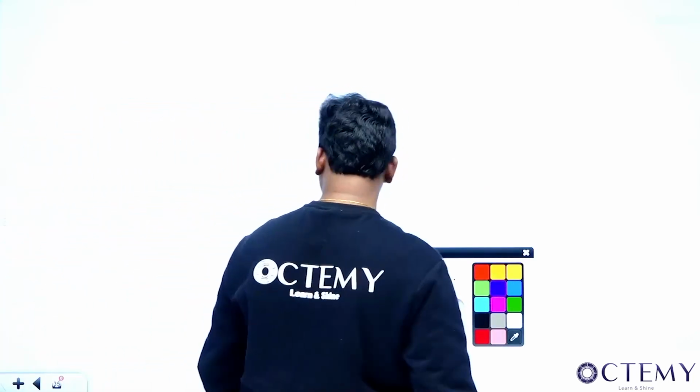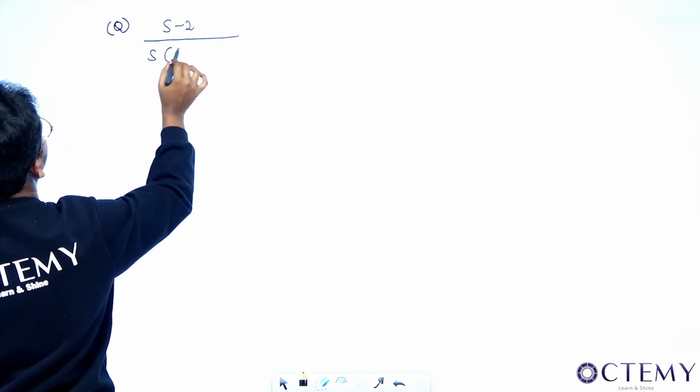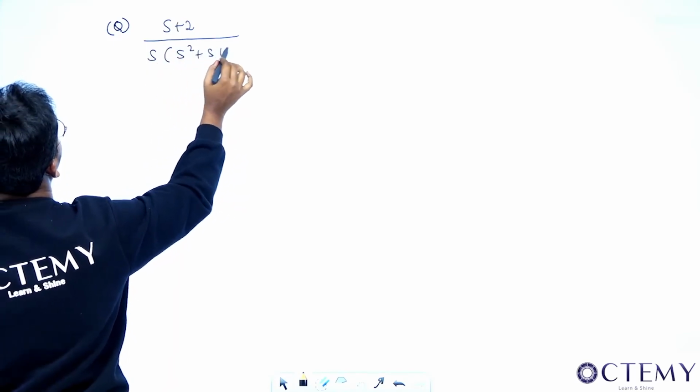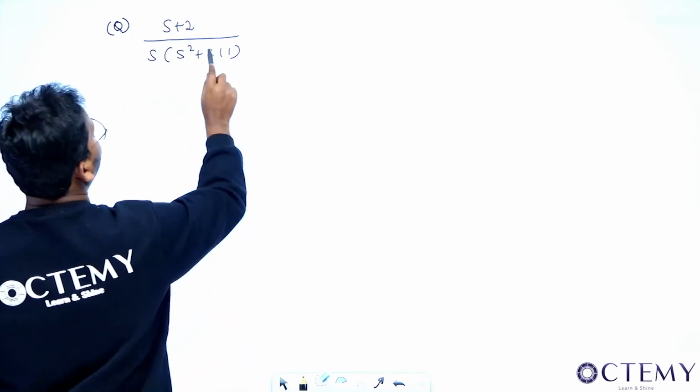Next, the last model of partial fraction is something like this. Whenever you have something like this, sir, (s plus 2) divided by s into (s square plus s plus 1), see what will happen.